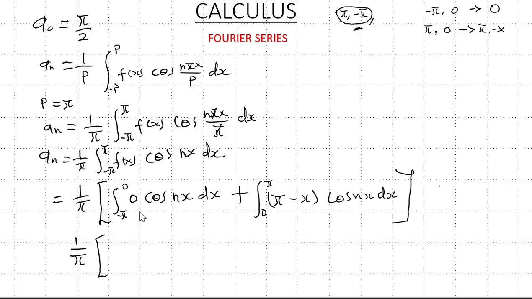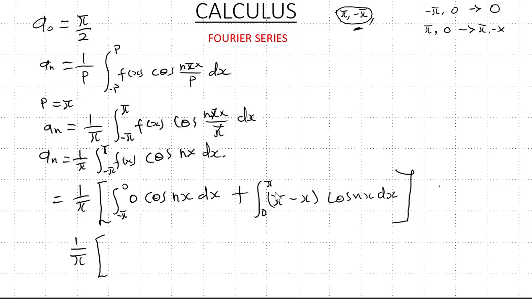At this point, this is 0. If we integrate 0, obviously the whole of this becomes 0, because if we integrate 0, the answer is 0. So 0 times cos is 0. Here we are not going to write anything, so we are going to focus on this.